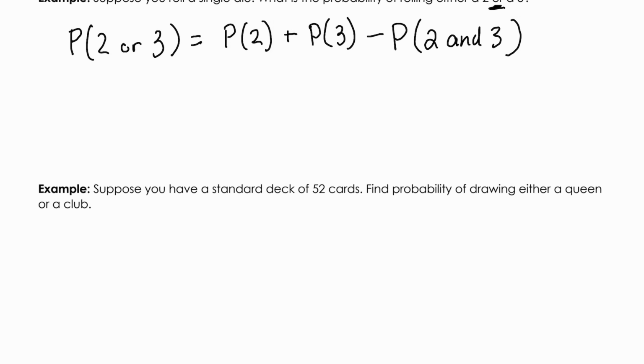Well, the probability of getting a 2 when I roll a die is 1/6. When I roll one die, the probability of getting a 3 is 1/6. Now the question is, if I roll one die, and here's the key word here, I roll it just once. If I roll it just one time, can I get a 2 and a 3? That's impossible. These events are mutually exclusive.